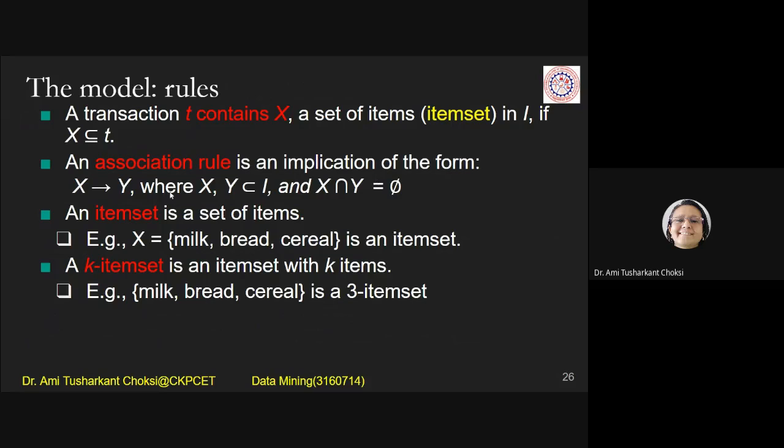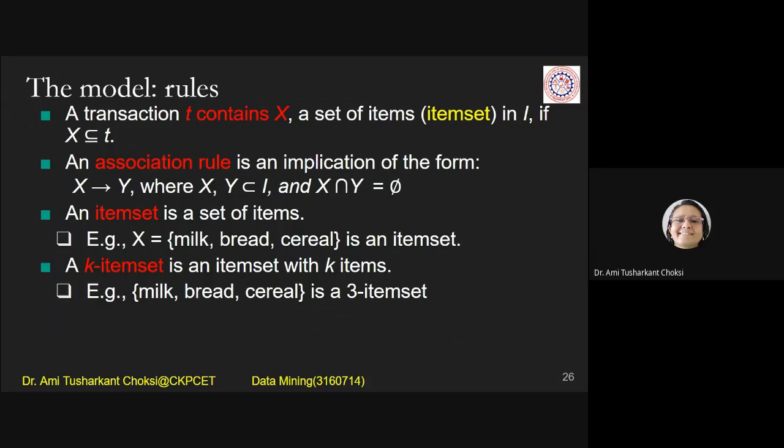What do we say is X implies Y. For example, bread implies butter, where bread and butter, they are the subset of I, that is item set, isn't it? And bread intersection butter is equal to empty set, right?